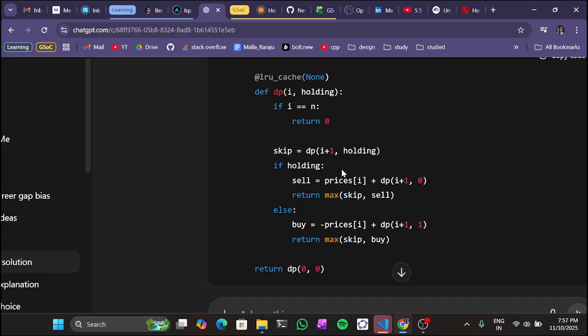If holding, we have to sell it. Prices of I plus dp of I plus 1 comma 0.